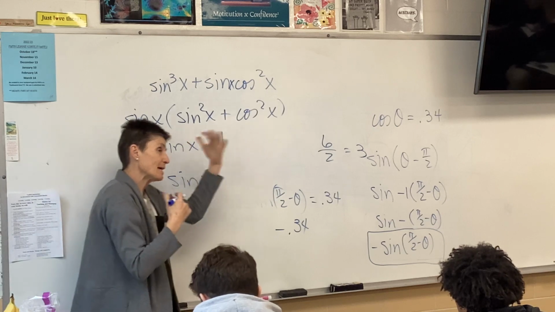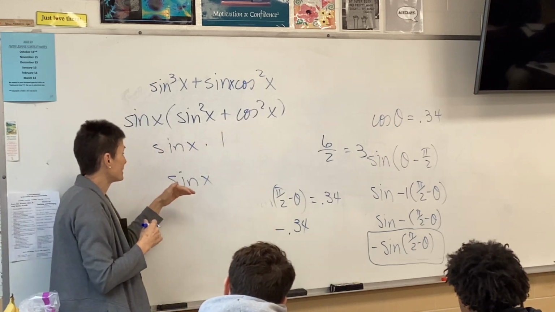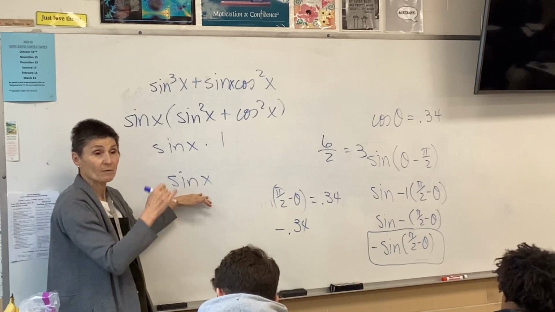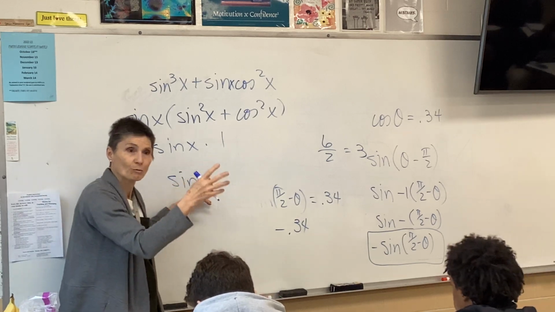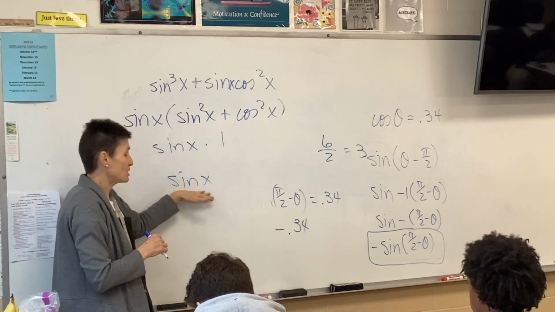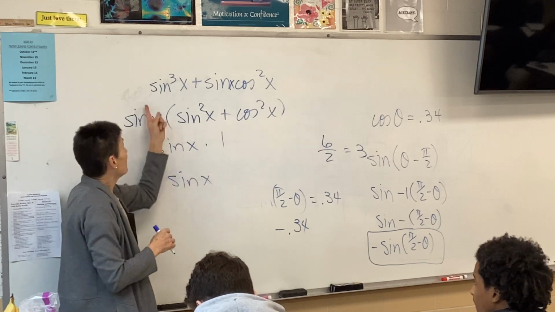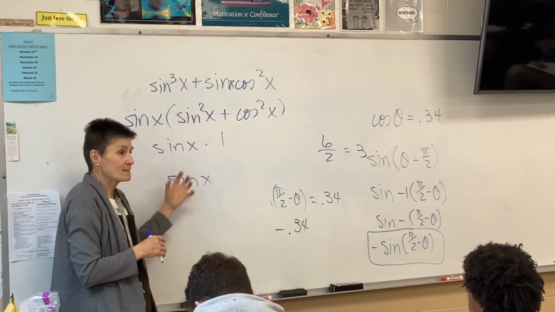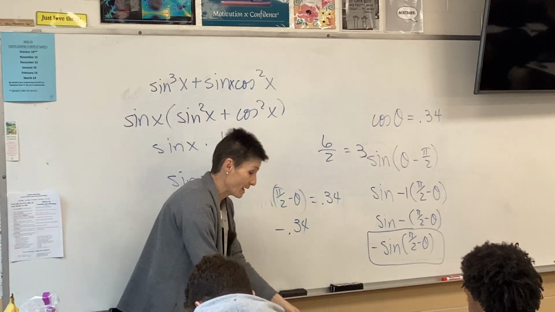And again, I'm thinking ahead, I'm thinking of your calculus experience. It is much easier to do stuff with sine, like find the derivative, for example. Much easier with sine than it is to do this, right? So we always want to simplify if we can, and that's what we're practicing now.